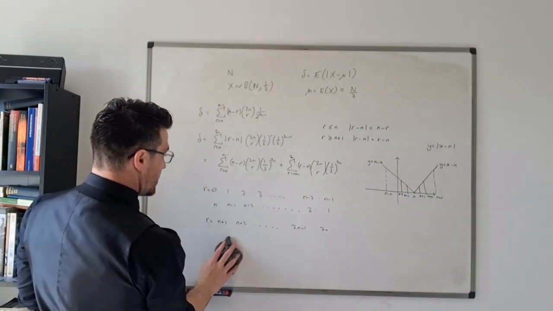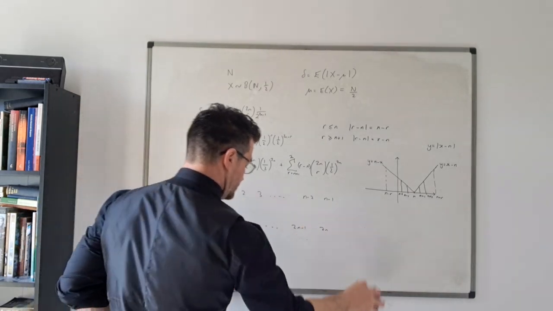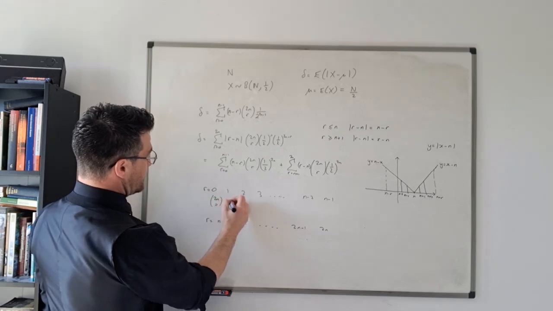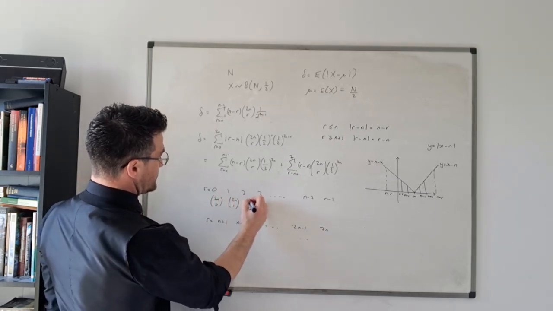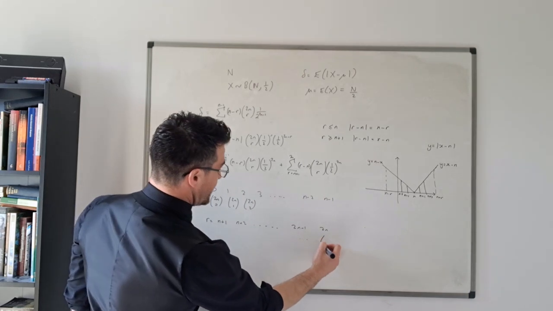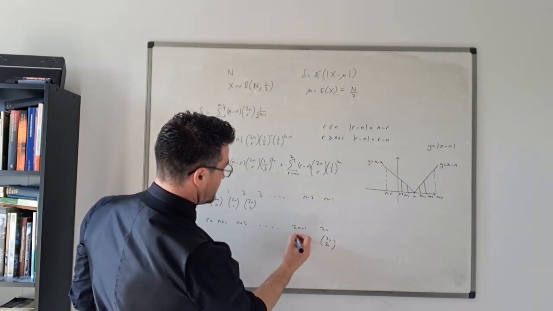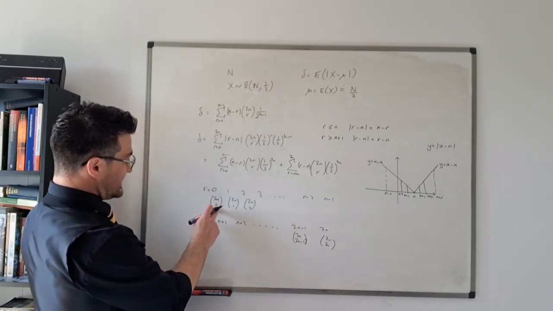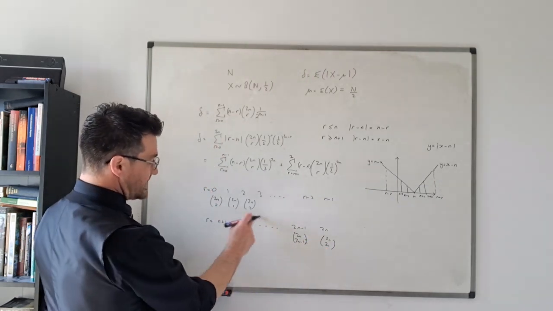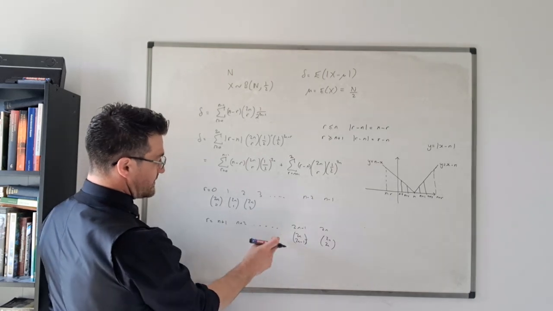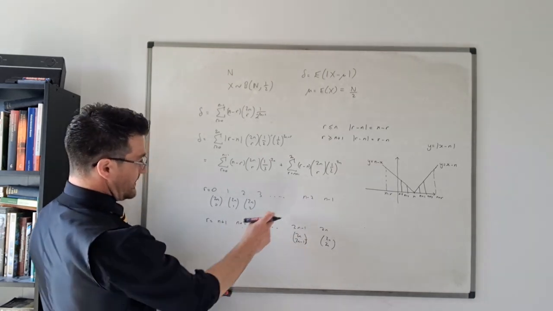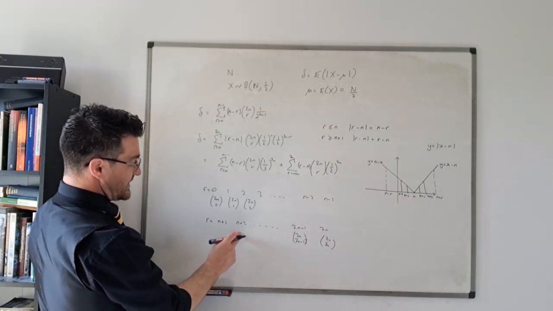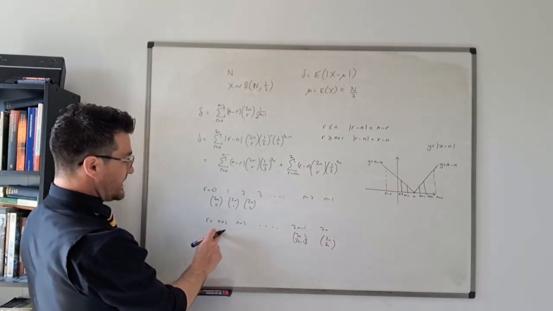So what about binomial coefficients? Well, here I'm going to get r equals 0, 2n choose 0, 2n choose 1, 2n choose 2, and here I'm going to get 2n choose 2n, 2n choose 2n minus 1, but this is equal to this, this is equal to this, this is equal to the next one down. The binomial coefficient corresponding to this value of r is the same as this one.